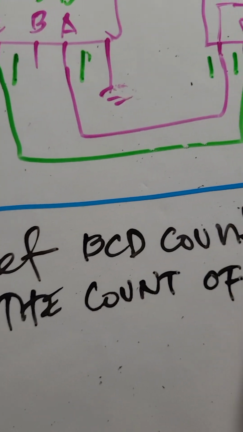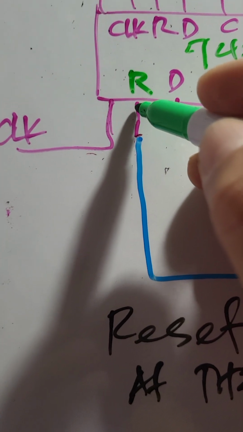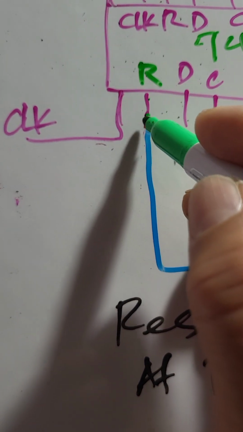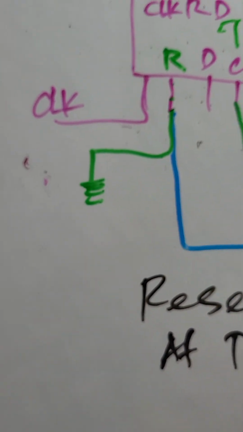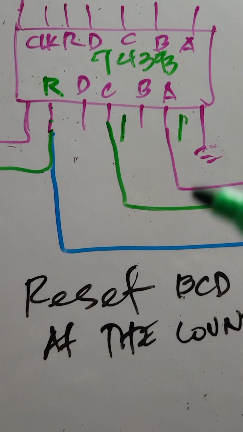So that will trigger back to the reset pin, because this pin, if not used, must be connected to ground, so that your counter will count up to 15.